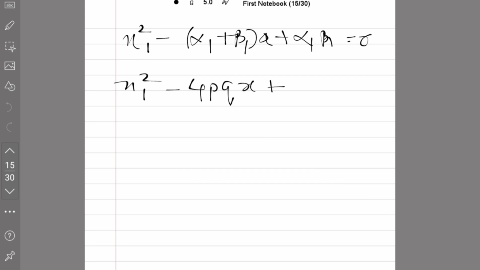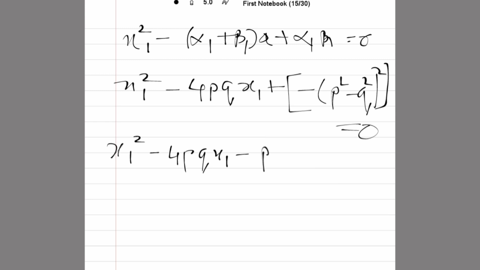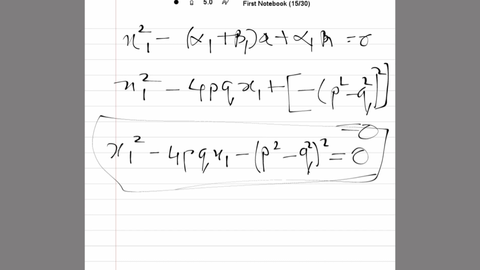So x1 square minus 4pq x1 minus (p square minus q square) whole square is equal to 0. So this is a new equation which we want, right? This is what we had to find.